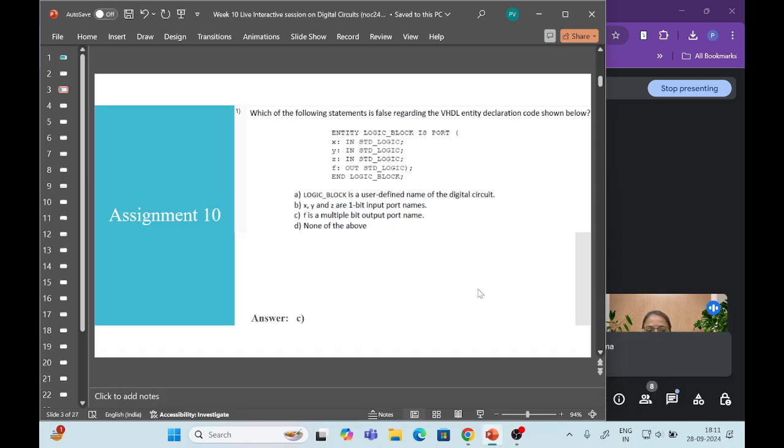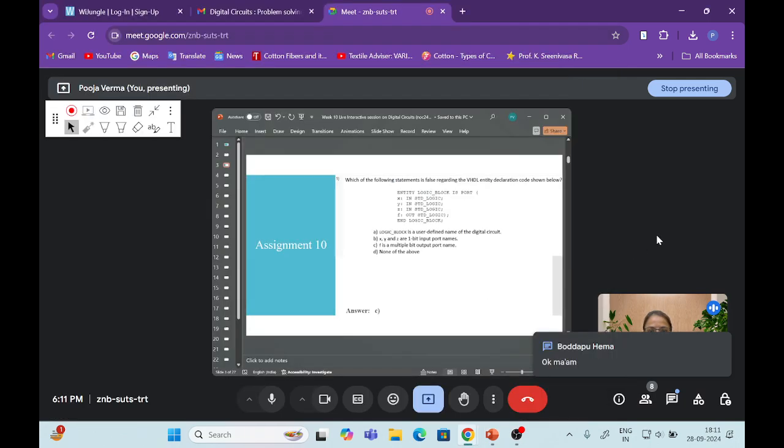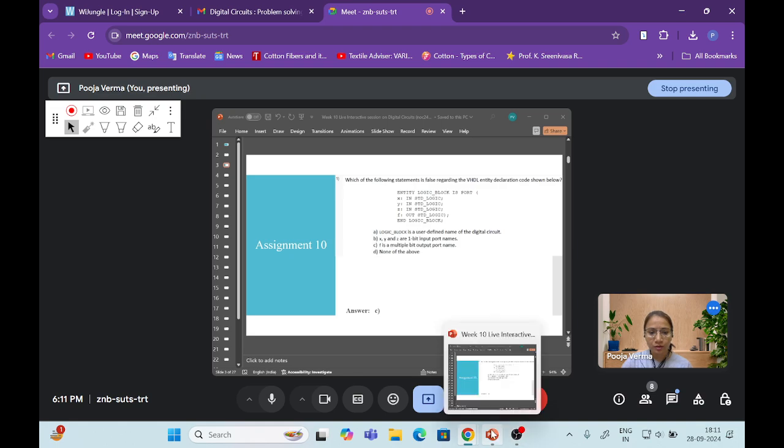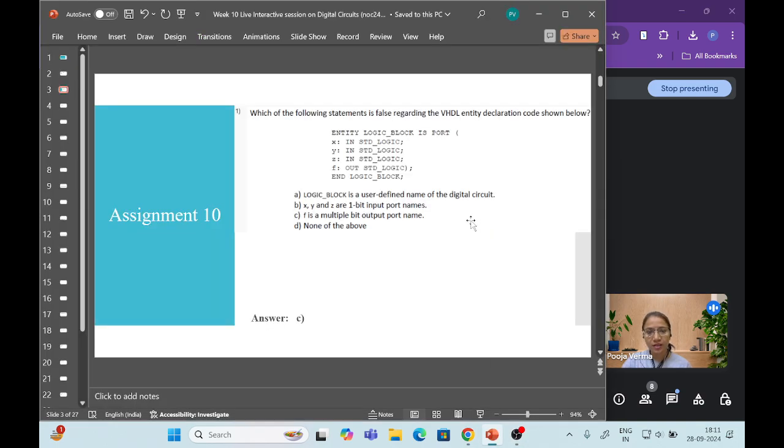So the first question is: which of the following statements is false regarding the VHDL entity declaration code shown below. The code is given as entity logic block, where X is in std_logic, Y is also in std_logic, Z is in std_logic, and F is given as out std_logic.